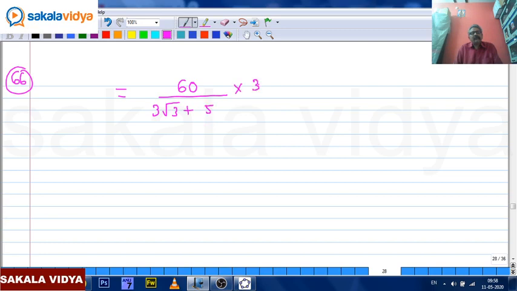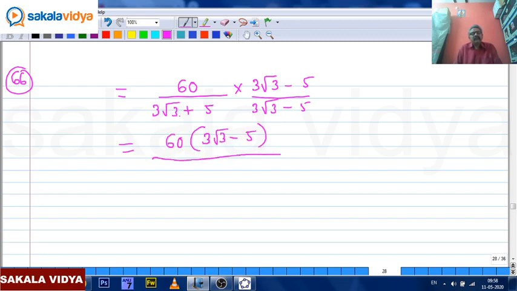Multiply with 3 root 3 minus 5 by 3 root 3 minus 5. This is equal to 60 into 3 root 3 minus 5 by, a plus b into a minus b, a square minus b square, 3 root 3 whole square is 27 minus 25.